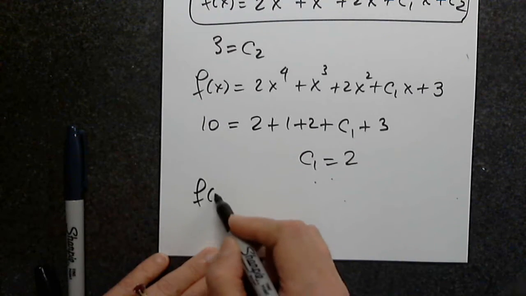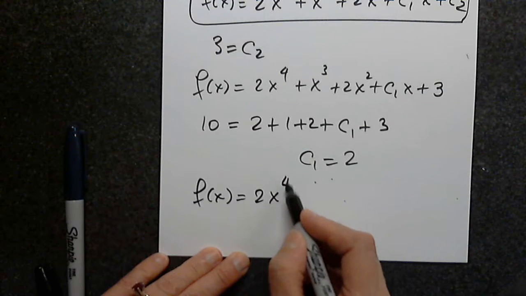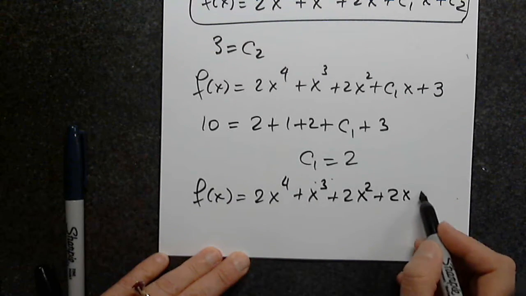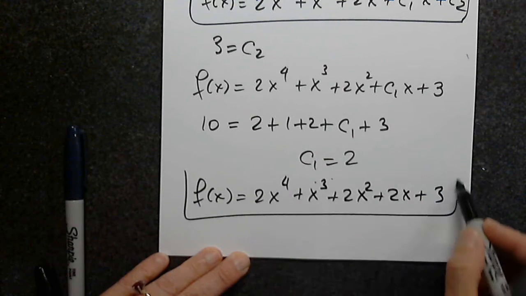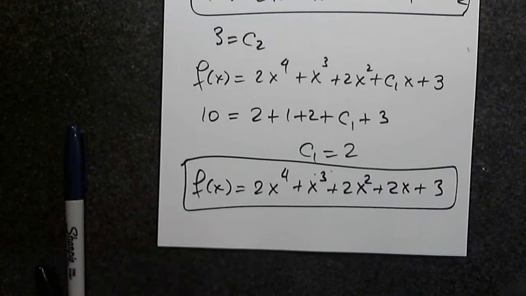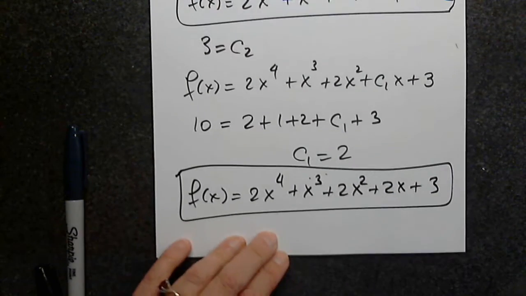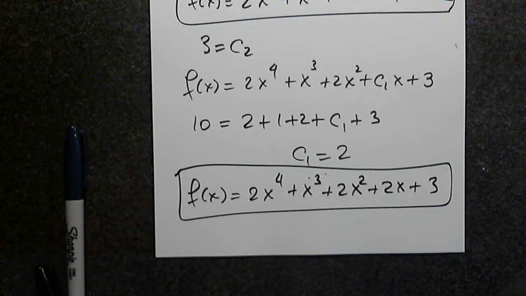So then we discovered the entire function. And this is the unique function that fits the information given, that has the second derivative that was given initially, and fulfills the given conditions that f of 0 is 3 and f of 1 is 10, and there is no other such function. This is the only one.